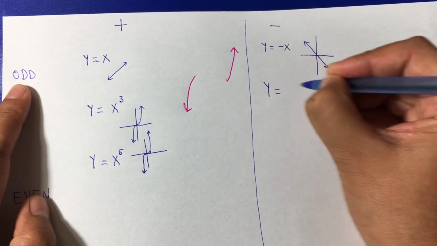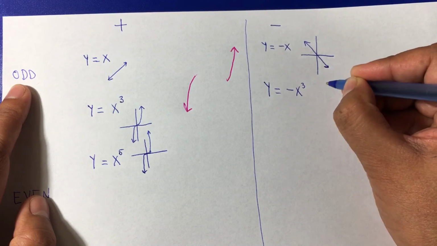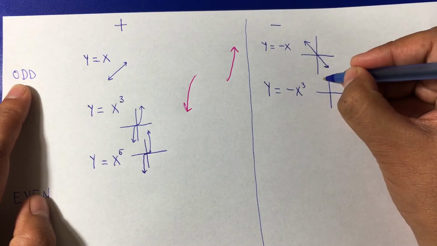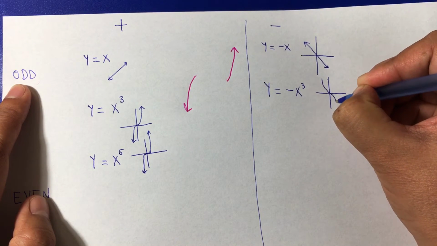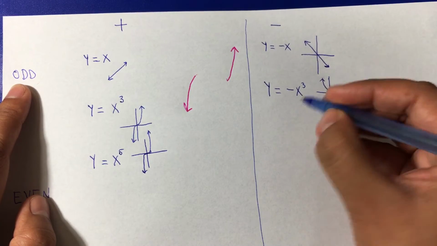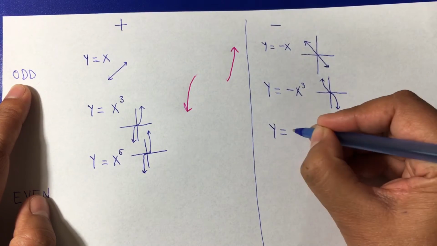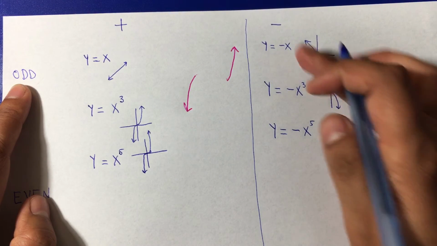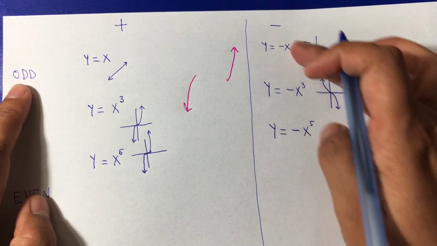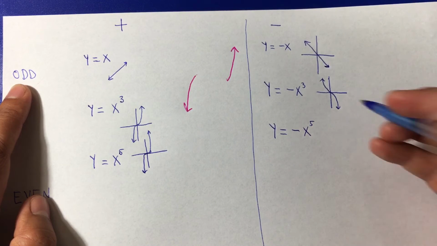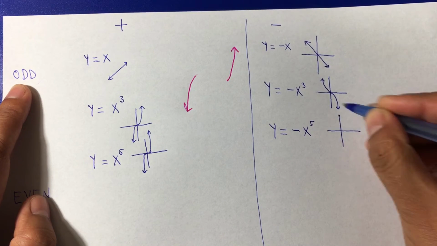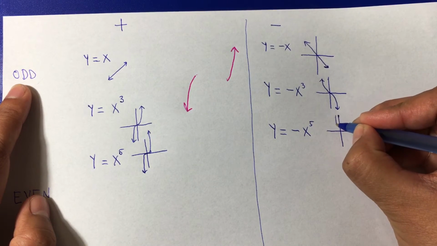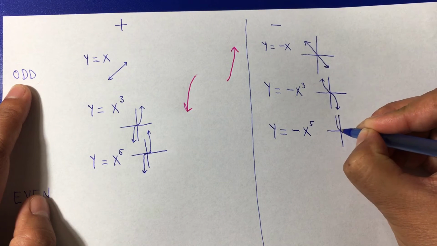We had y equals negative x cubed. And so it starts something like this. And we had y equals negative x to the 5th power. Negative leading coefficient, odd degree. And it was similar to this one, but it grew super fast and very flat in here, okay?